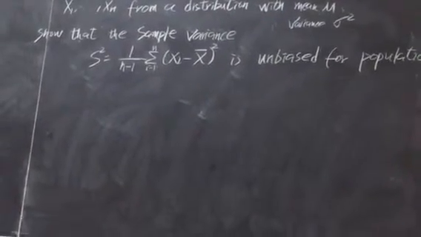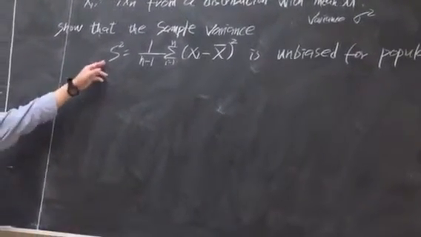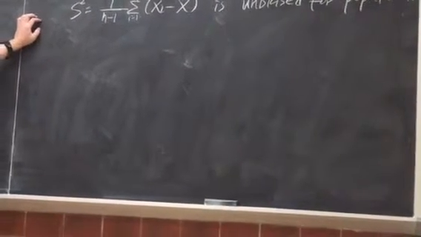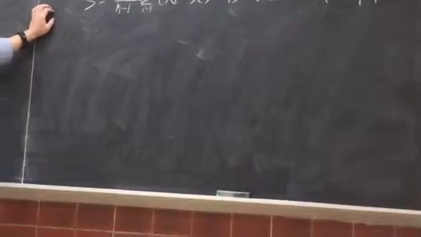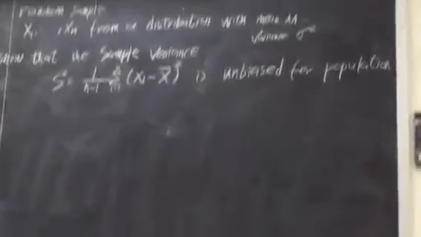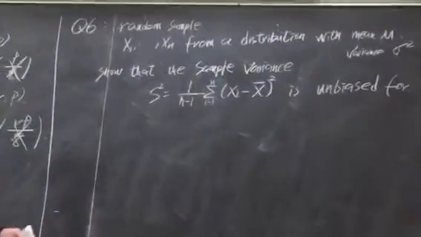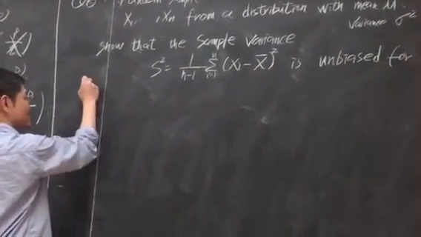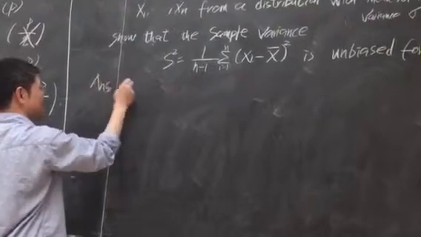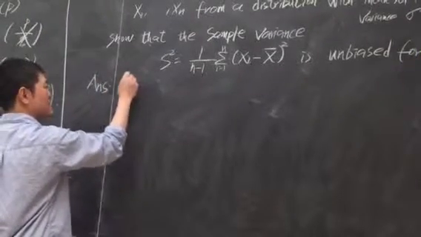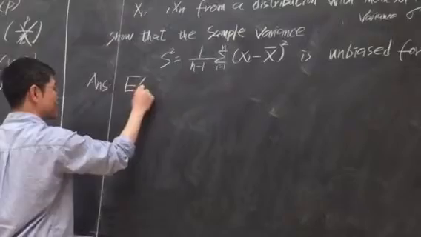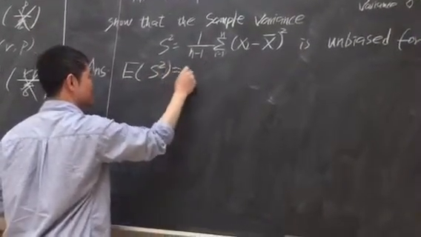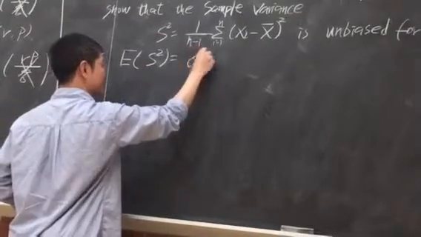So I've done this in a previous lecture. To show that it is unbiased, you just show that the expectation of this is sigma squared.